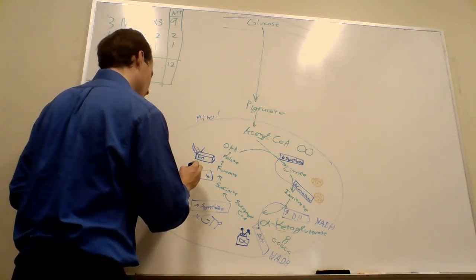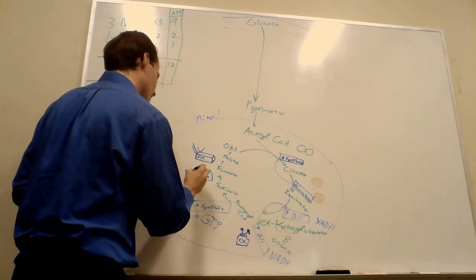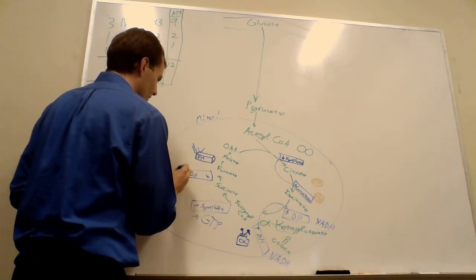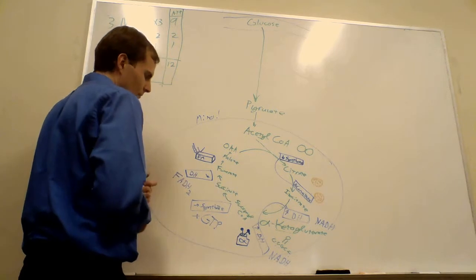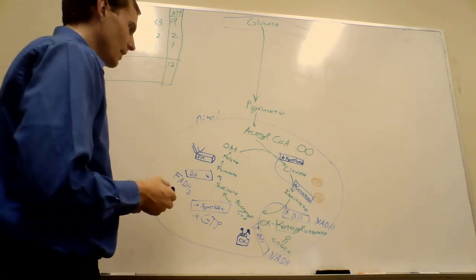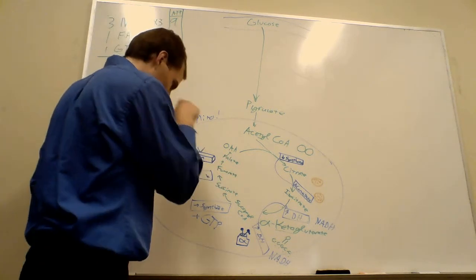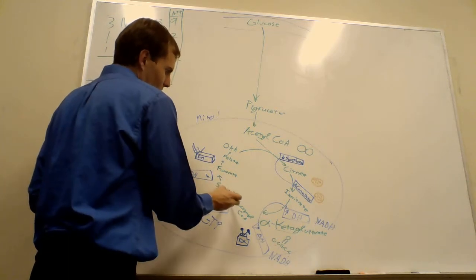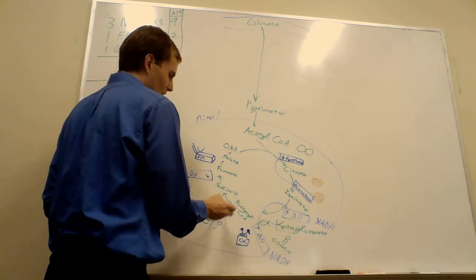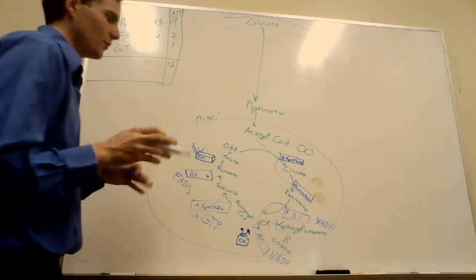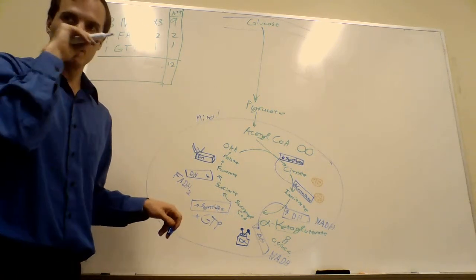I'll always remember that now. So this one is FADH2. And the 2 weird guys are next to each other, because GTP and FADH2 are the 2 that are odd. All the rest of them are NADH.